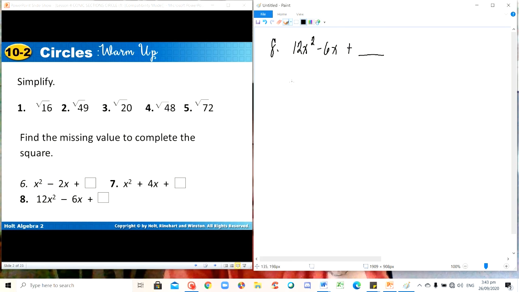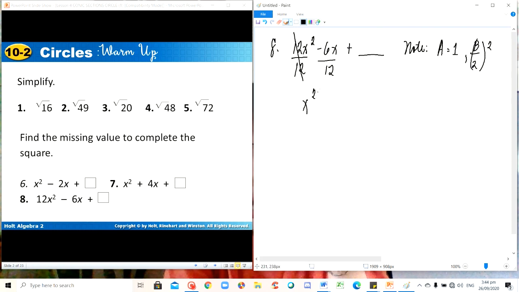Take note: the quadratic coefficient must be equal to 1. A must be equal to 1 before you can proceed to use the formula b over 2 squared. So how do you remove that a and make it 1? First, you need to divide everything by 12 so that you can cancel this and it becomes 1.